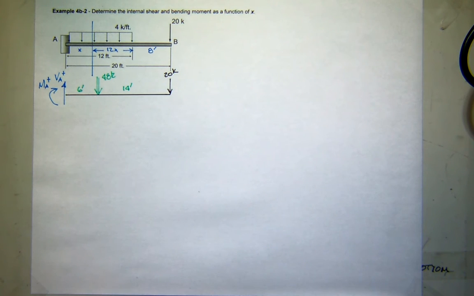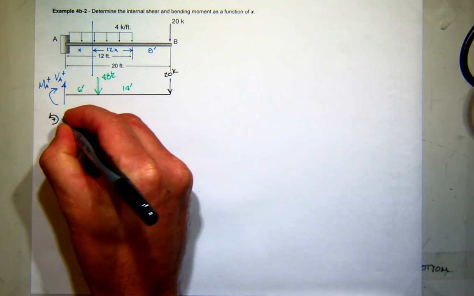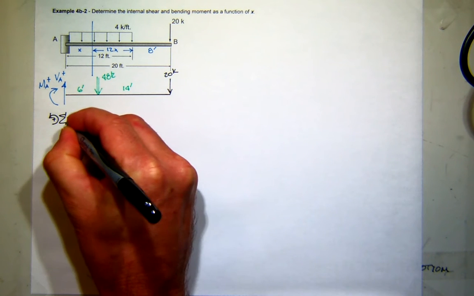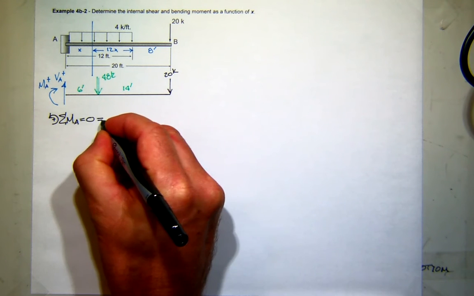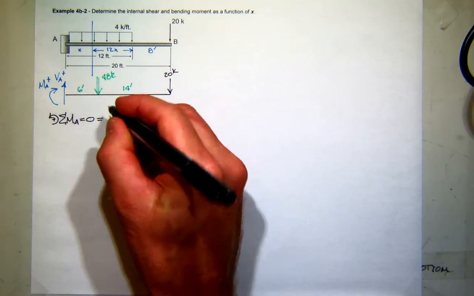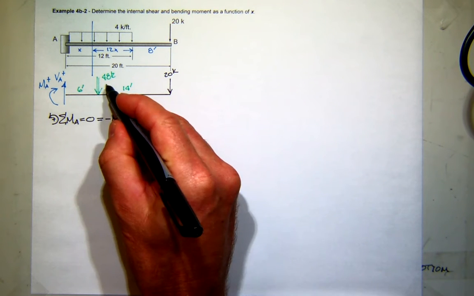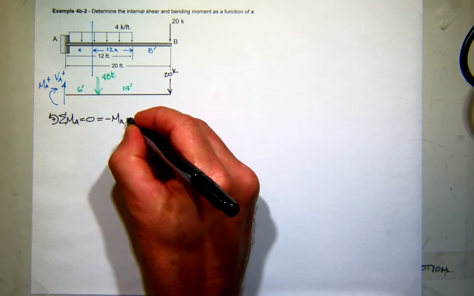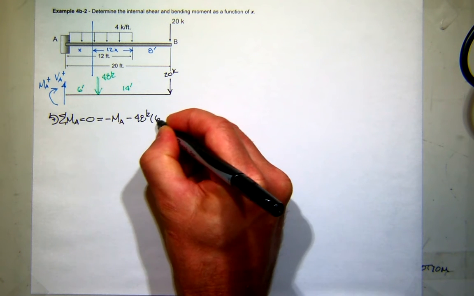So let's go ahead and run the equations real quick. So if I sum moments at A, so I'm going back to static, so I use right-hand rule for my moments. Make sure it's in equilibrium. What do I have? With right-hand rule, what kind of moment is this? It's negative. This 48 kip creates negative moment. And it'll be 48 times 6 feet.